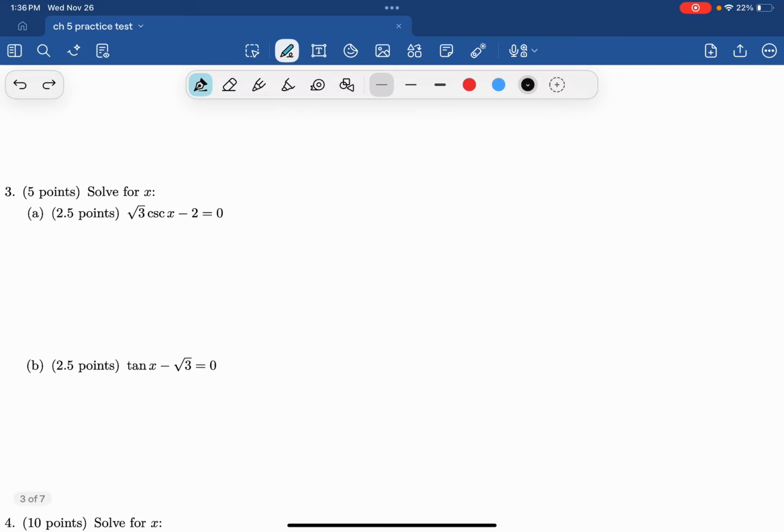Okay, next we're going on to solving some equations. So the first step is always, for these simple ones, we want to isolate the trig function. So this becomes cosecant x equals 2 over root 3, which means that sine x equals root 3 over 2. Right? Because sine is the reciprocal of cosecant. And so that means we're looking for points on the unit circle with y-coordinate root 3 over 2.